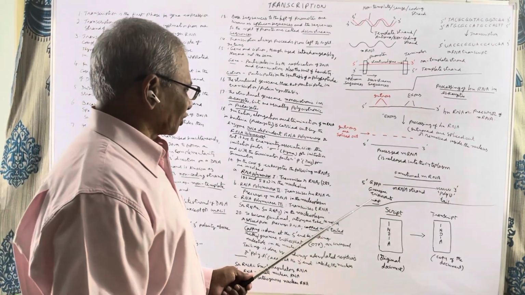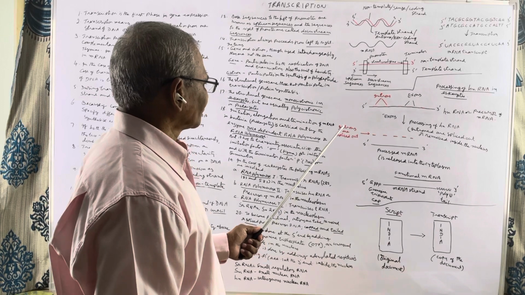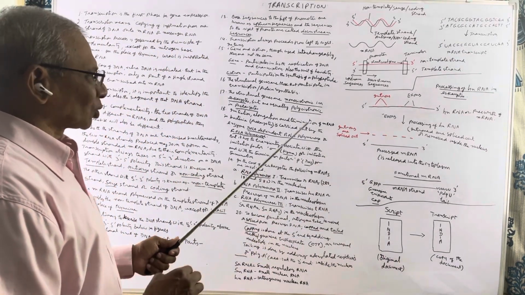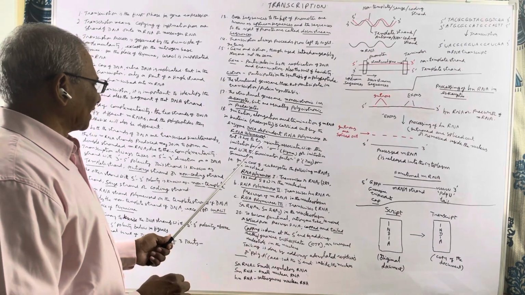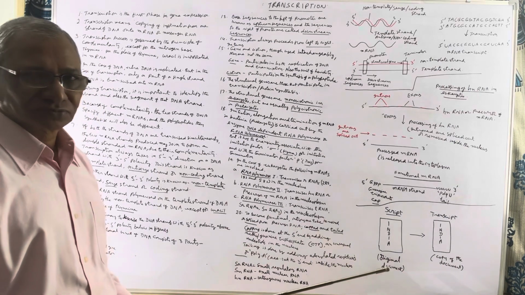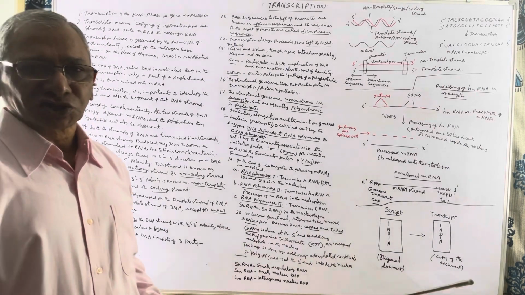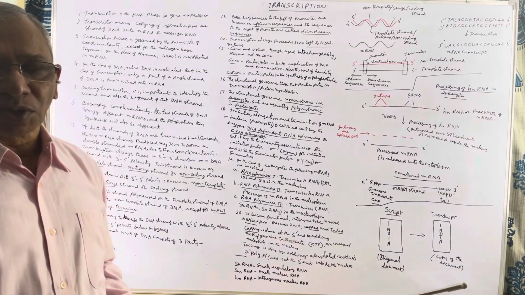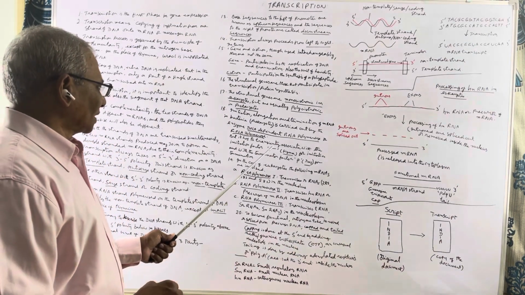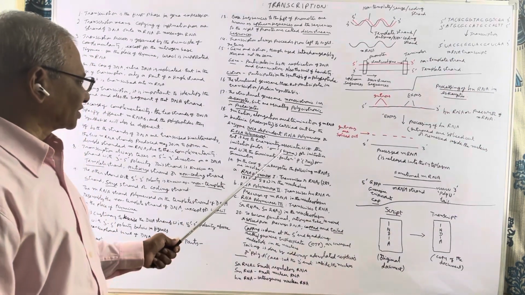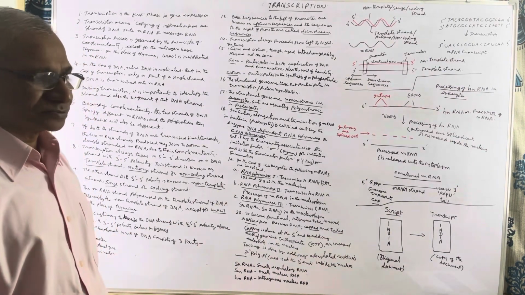For initiation of transcription in prokaryotes, the DNA-dependent RNA polymerase transiently, meaning temporarily, associates with sigma factor.